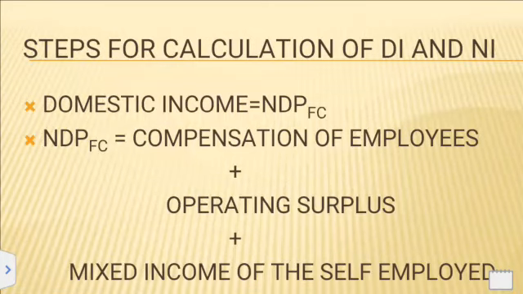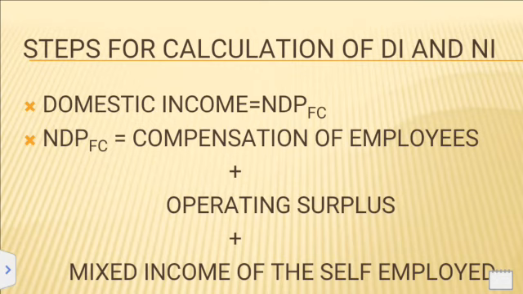Now let us discuss the steps we need to go through for calculation of domestic income and national income. In the first step, we calculate the domestic income, which is nothing but the net domestic product at factor cost. Why net? Because whatever factor incomes we have discussed, all of them are paid in net terms.